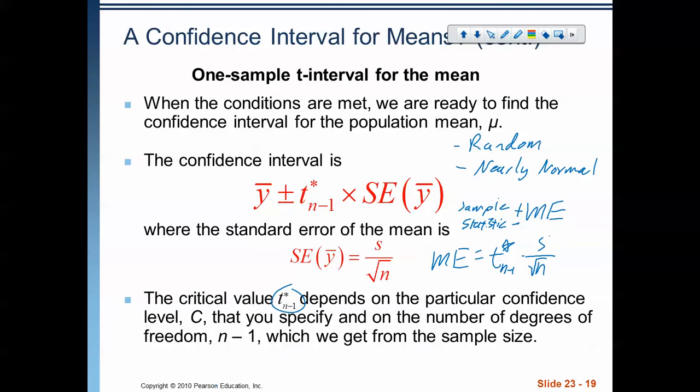It depends on the confidence level, so 95%, 90%, whatever, but it also depends on the degrees of freedom, which we get from the sample size. In a future video, we are going to learn how to hand calculate that. For today, we're going to do the confidence interval simply on our calculator.